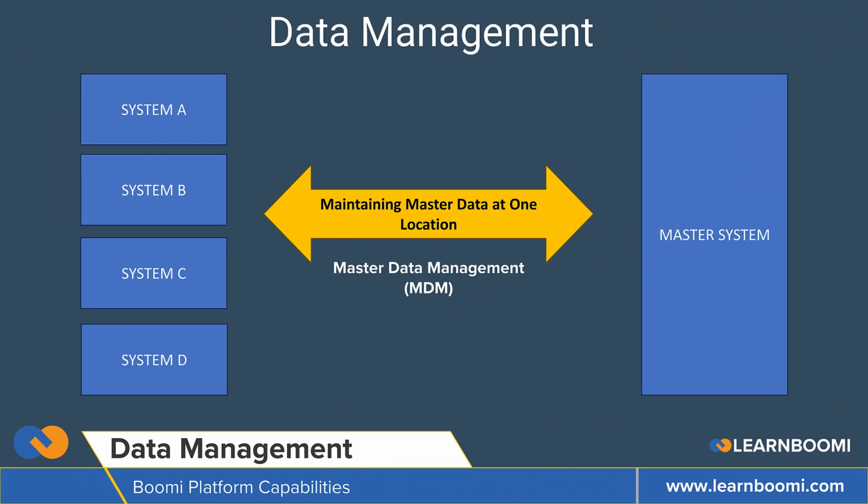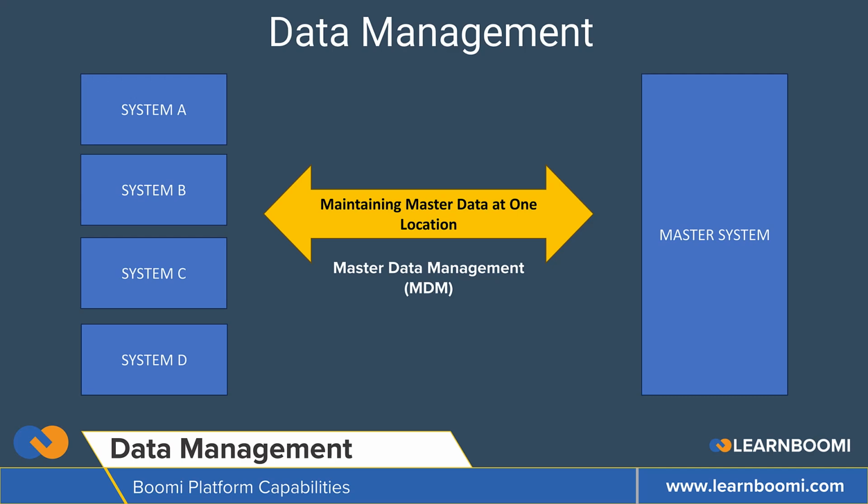In this slide, we are moving deeper into the concept of data management and specifically focusing on one of its most important areas, which is master data management, or MDM. On the left hand side, you can see multiple systems, system A, B, C, and D. In most organizations, each of the systems stores its own copy of the core business data, which includes data like customer information, product information, vendor, employee, and location information.